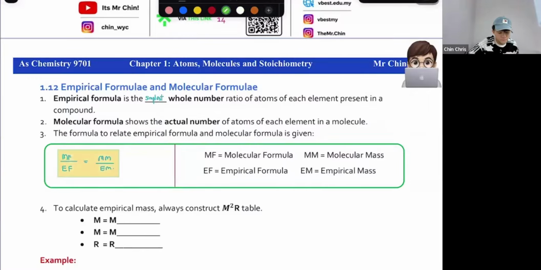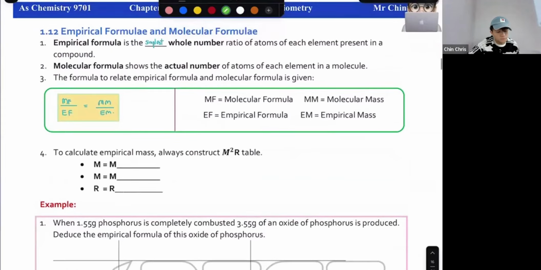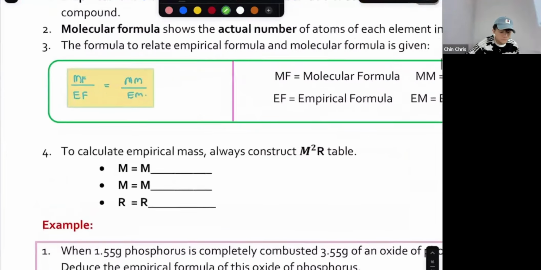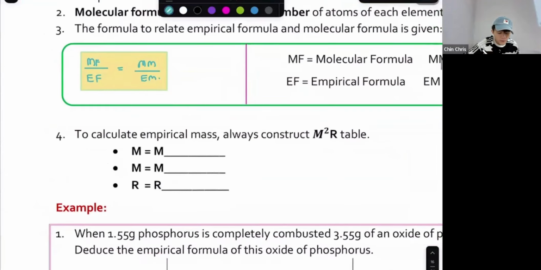That's it. To find the empirical mass, we use the M square R table: mass, Mr, mole, ratio. All good.